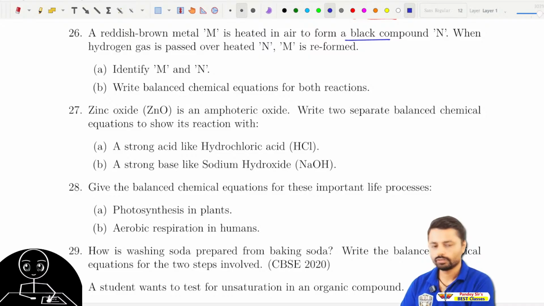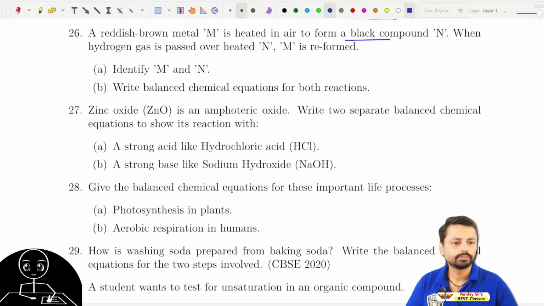So I will check. Yes, black. So yes, that is the correct one. I have taken this question from a previous exam. Copper oxide was there.